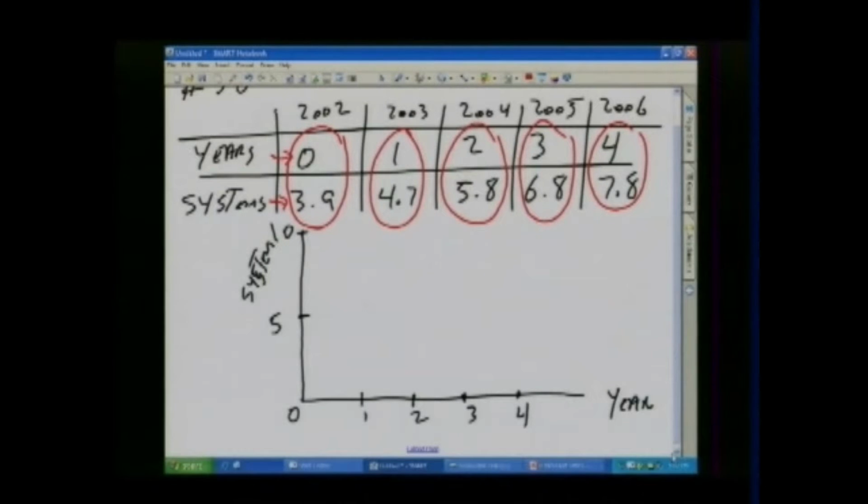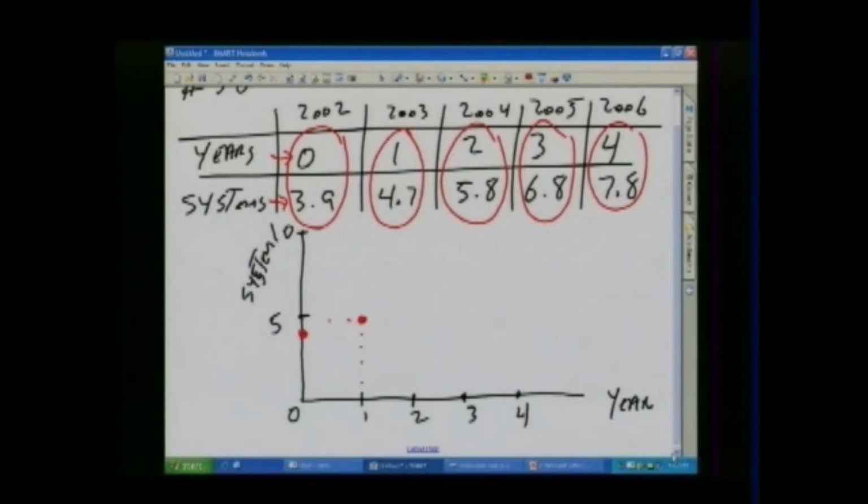So first is 0 and 3.9. If this is 5, 4, I say 3.9 is right here. This is 1 point. Next is 1 and 4.7, probably very close to 5. Let's say here is the next point.